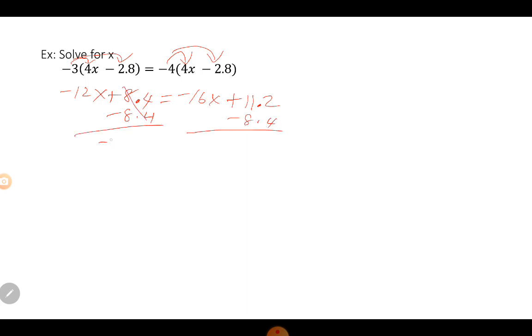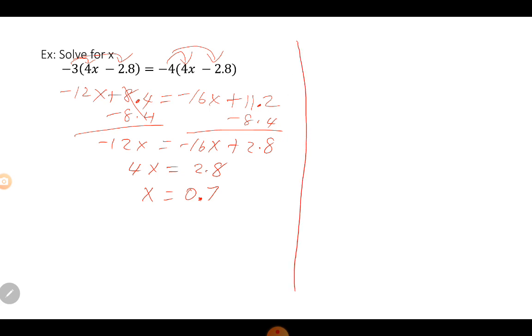And so we have minus 12x equal minus 16x plus 2.8. So now we can add 16x to both sides. So we get 4x is equal to 2.8. Divide both sides by 4, so we get x is equal to 0.7.